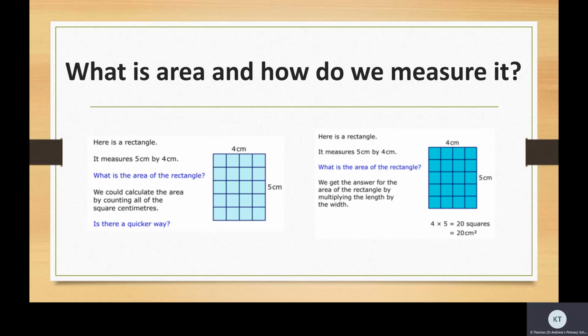So area equals length times width. So in this case, we have 5 centimetres and 4 centimetres. So 4 centimetres times 5 centimetres, or 4 5s are 20 squares, so that's 20 square centimetres. You've got 20 centimetres with that little 2 to stand for 20 centimetres squared.